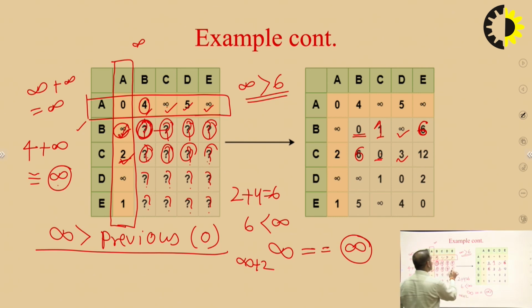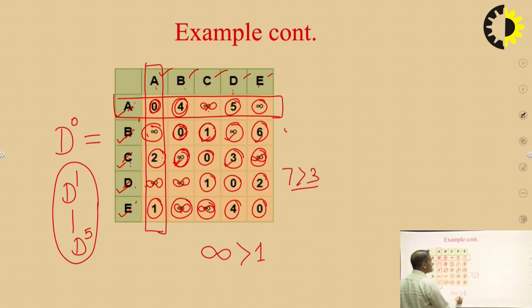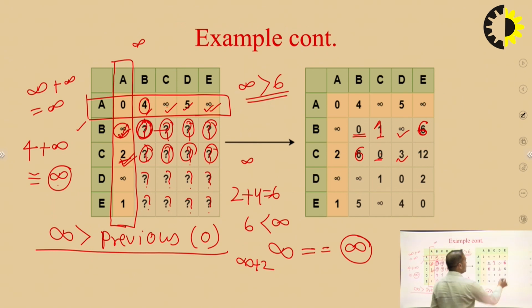Now the value of this node is 2 plus infinity, and the previous value is infinity, so we have to change this value to 12. Now this is the value we have to calculate by the given matrix.